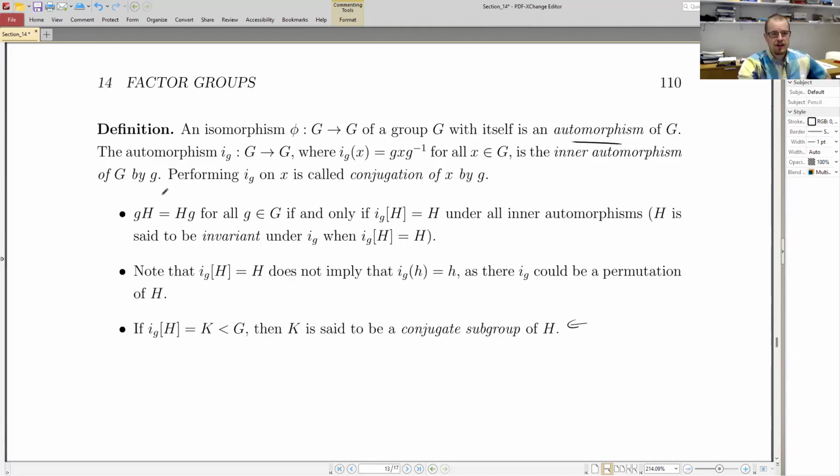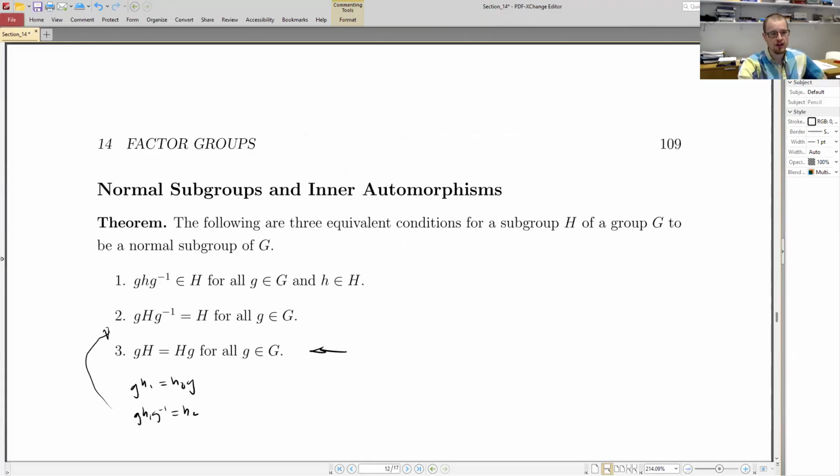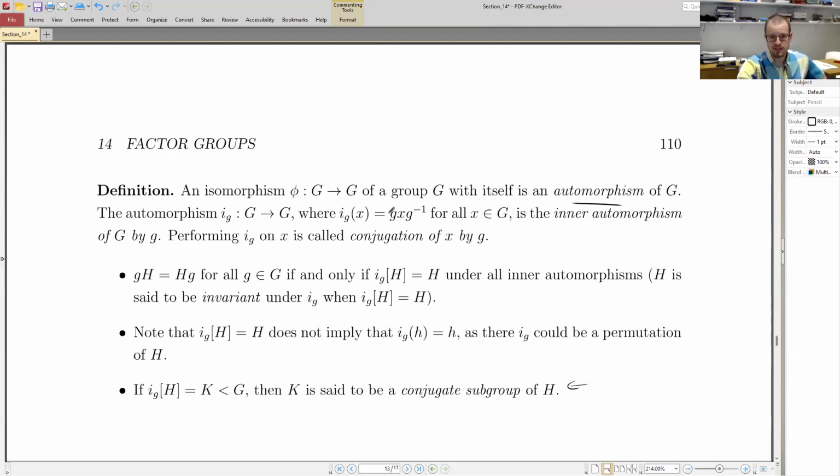All right, so the left coset and right coset are the same if and only if the image of H is H under all inner automorphisms. Why? Well, because we have this equivalent condition given on the previous page. Because of that equivalence condition for normal subgroups, or the equality of left and right cosets, when we take that inner automorphism, we should get H back.